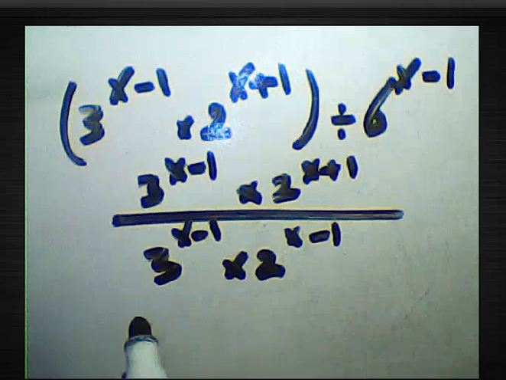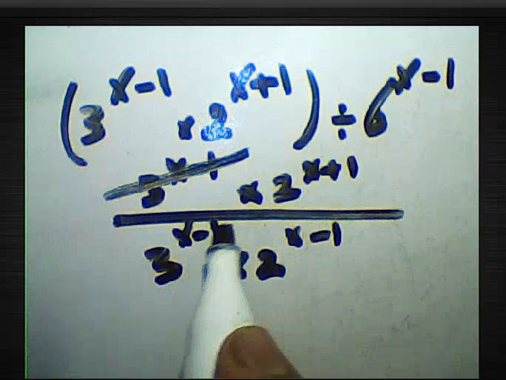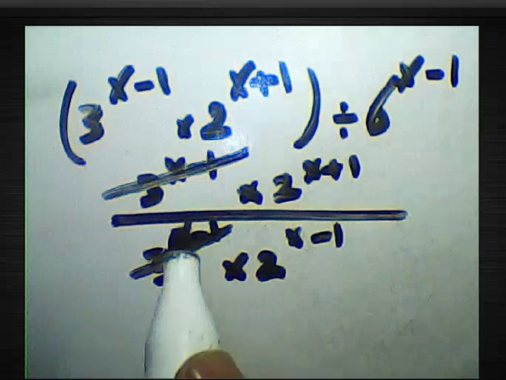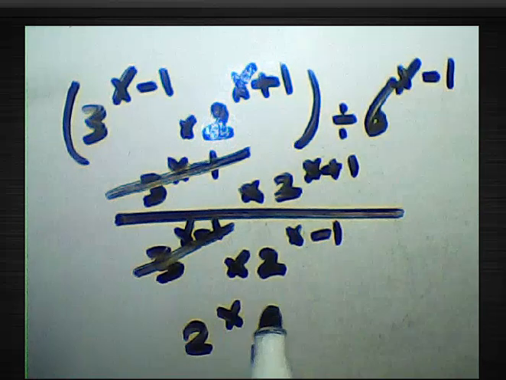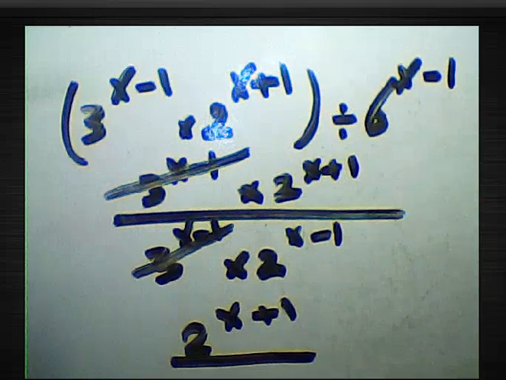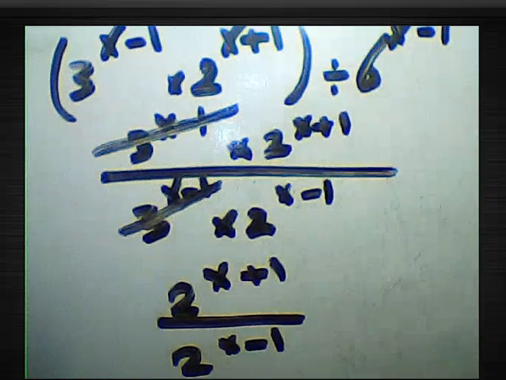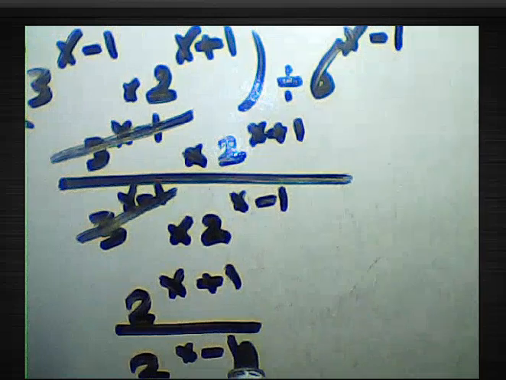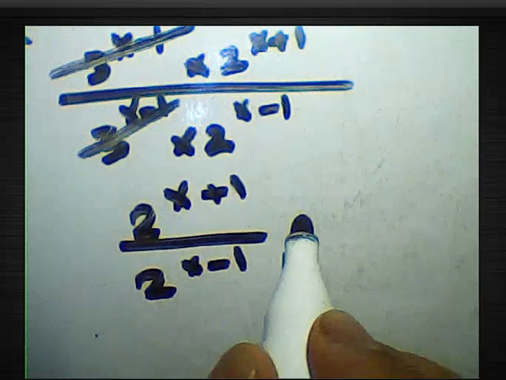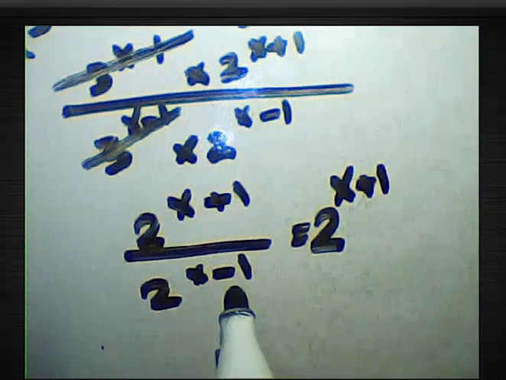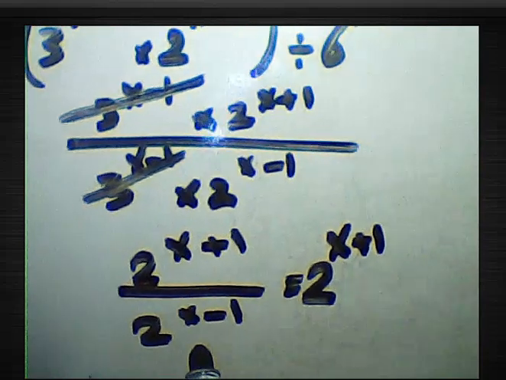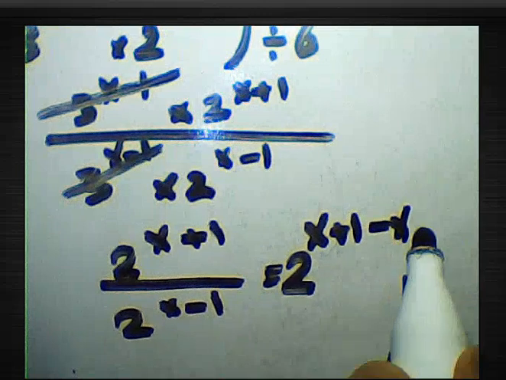You can cancel this term with this term, so the result will be 2 power x plus 1 over 2 power x minus 1, and then we can find the difference between the powers.